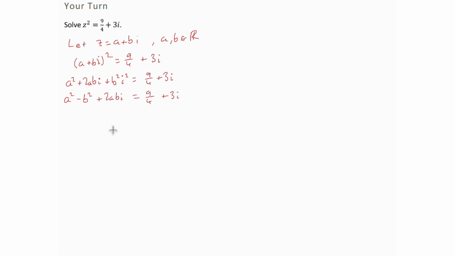And I rewrote the order here very intentionally because now I'm going to equate real and imaginary parts. The real parts are a squared minus b squared is equal to 9 over 4. And the imaginary parts is 2ab is equal to 3.